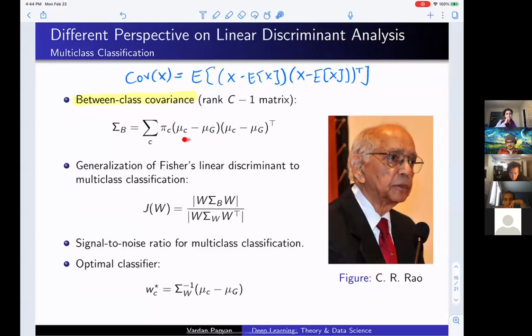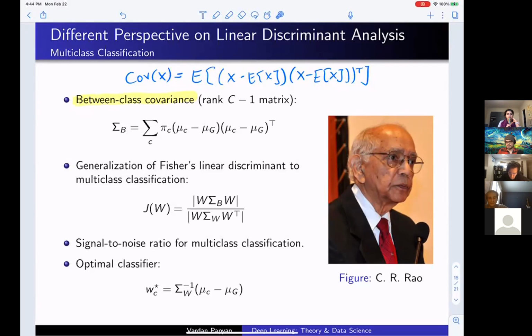And you're subtracting from each one of the class means the mean, and you're doing a sum of the outer products. Does anyone agree that this is a covariance of the class means? Are there any objections? Okay. Now with this, this is the between class covariance.